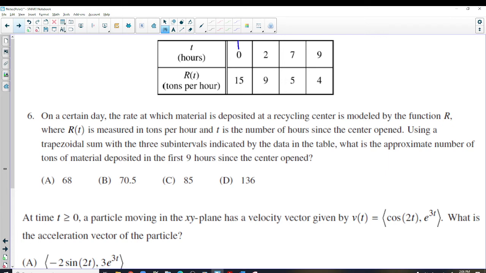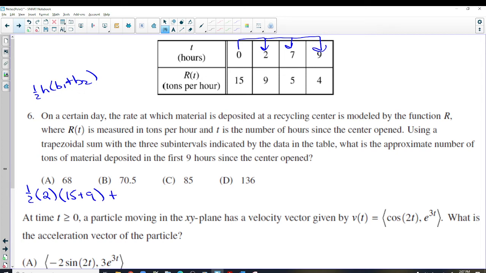So that's a long-winded way to say we're going to approximate this using 3 trapezoids. So a trapezoid area is 1/2 times the height, base 1 plus base 2. And hopefully, when we did this chapter, that kind of got embedded into your mind. Hopefully you remember that. So we got 1/2. The first height is 0 to 2, so that's 2. And then we have 15 plus 9.